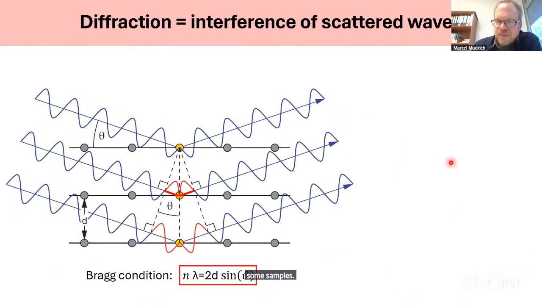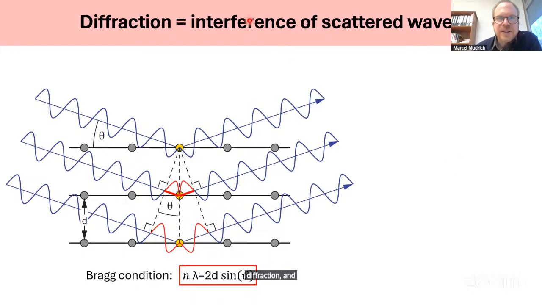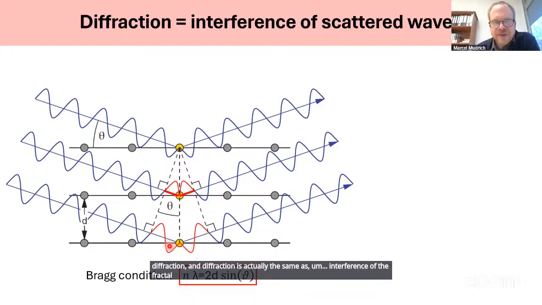But a more important technique than fluorescence spectroscopy is diffraction. And diffraction is actually the same as interference of the diffracted waves or the scattered waves on the different scattering sites.